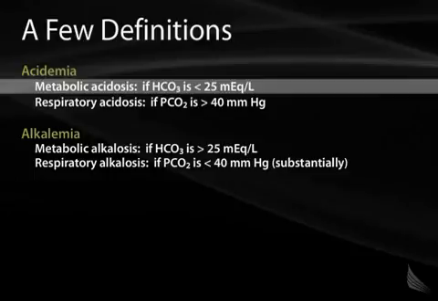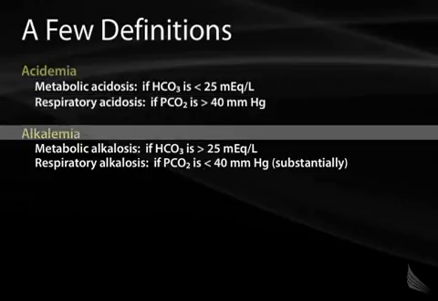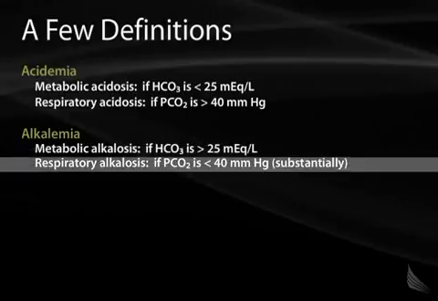However, in the setting of acidemia, it is a respiratory acidosis if the PCO2 is greater than the upper limit of normal, or 40 millimeters of mercury. And alkalemia is caused by a metabolic alkalosis if the bicarbonate concentration is above the normal range. And a respiratory alkalosis is the cause of alkalemia if the PCO2 is below the normal range. We use these parameters and these definitions to determine what the primary etiology of an acid-base disturbance is.